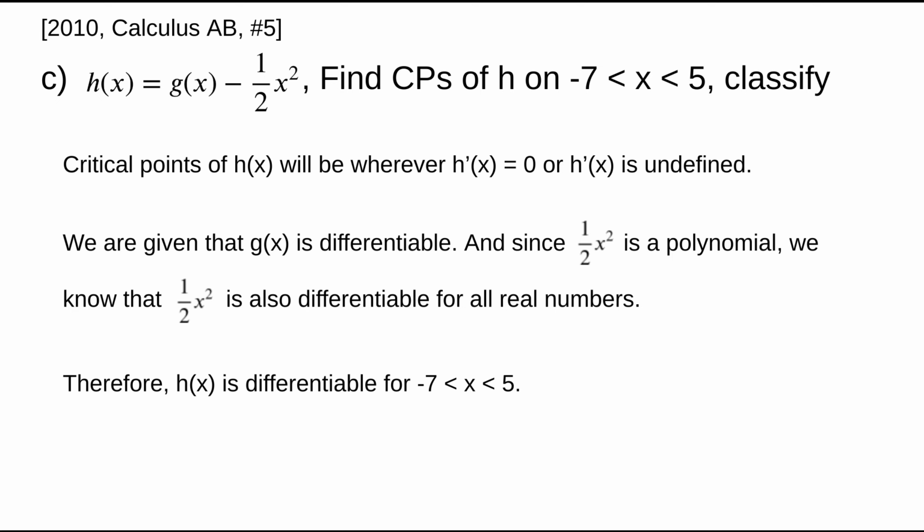So if h of x is g of x minus 1/2 x squared, h has to be differentiable for that entire interval as well. All right, so differentiating h of x, we get h prime of x equals 0, implies that g prime of x minus x equals 0, or g prime of x equals x.